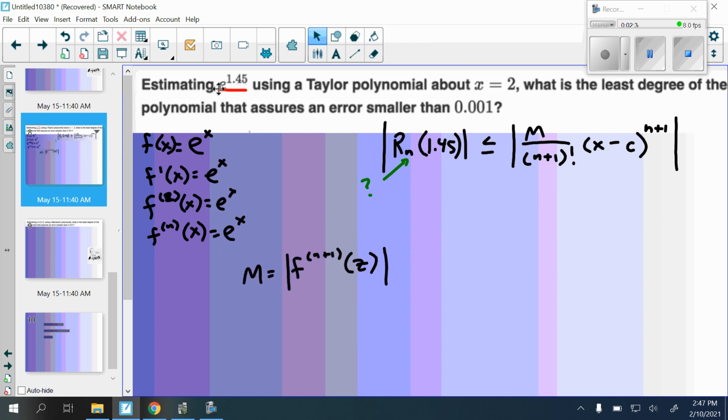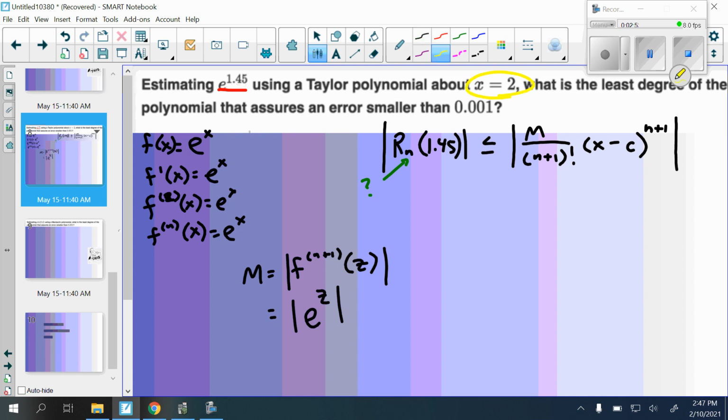We know any derivative of this is going to end up being e to the x. And so, I'm going to put z here for now, what is the number z on the interval from 2 to 1.45? What's going to be the biggest value for that?